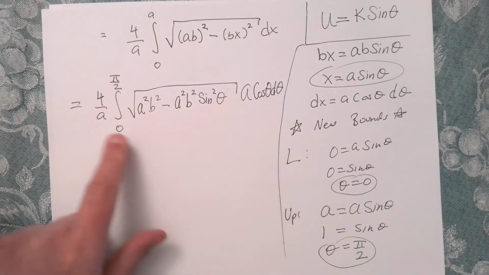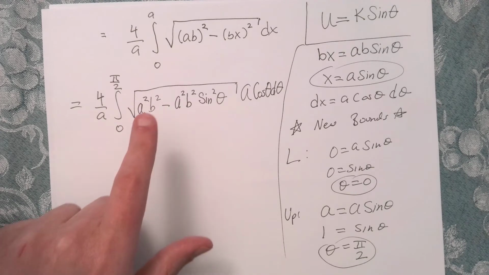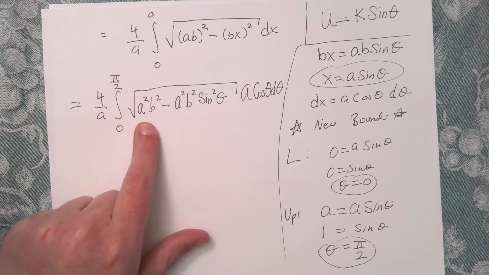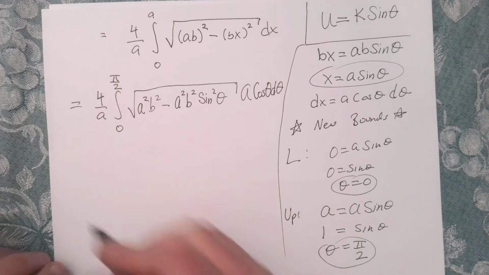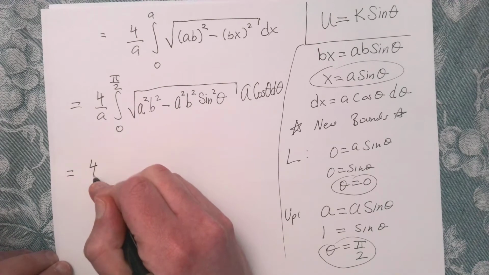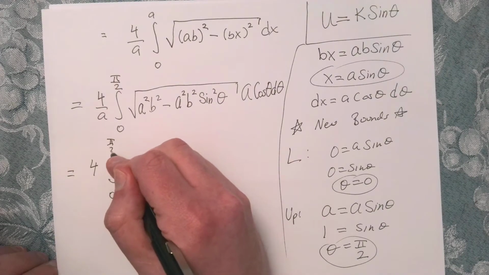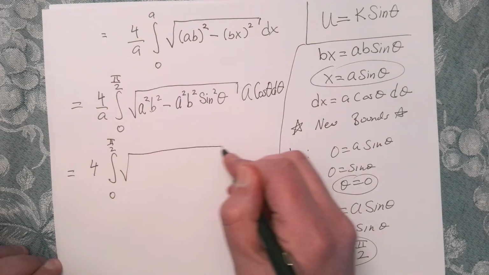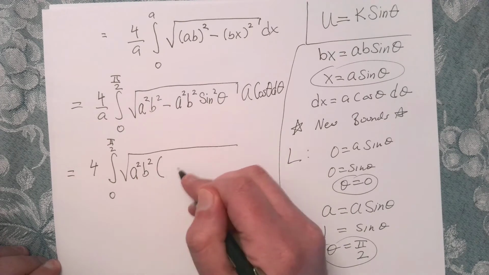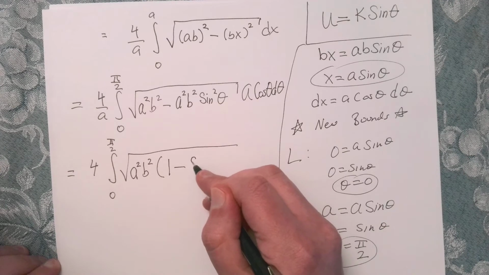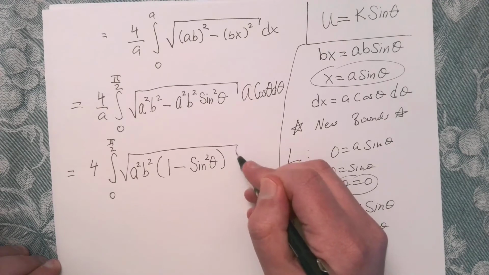So it looks like the a's are going to cancel, and I should probably think about factoring out a squared b squared because we'll be presented with a nice Pythagorean identity. So a squared b squared, we've got that nice classic 1 minus sine squared of theta.